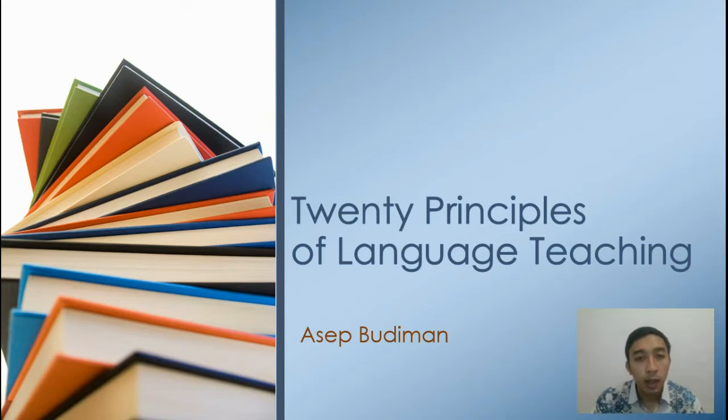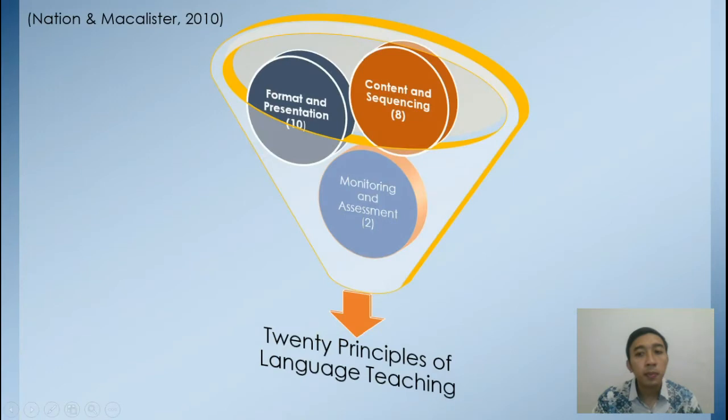On the slide, we have 8 aspects in content and sequencing, 10 in format and presentation, and 2 in monitoring and assessment. The total is 20 principles of language teaching. This meeting, we are going to focus on the format and presentations, which has more aspects than content and sequencing.